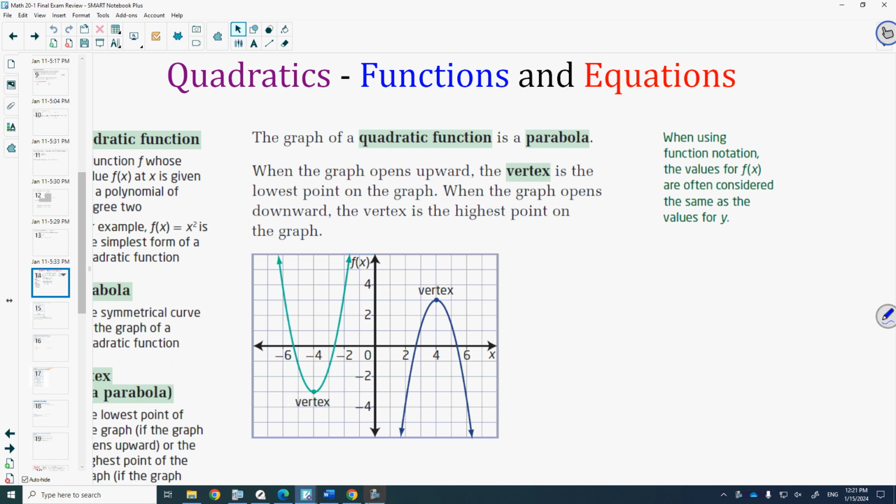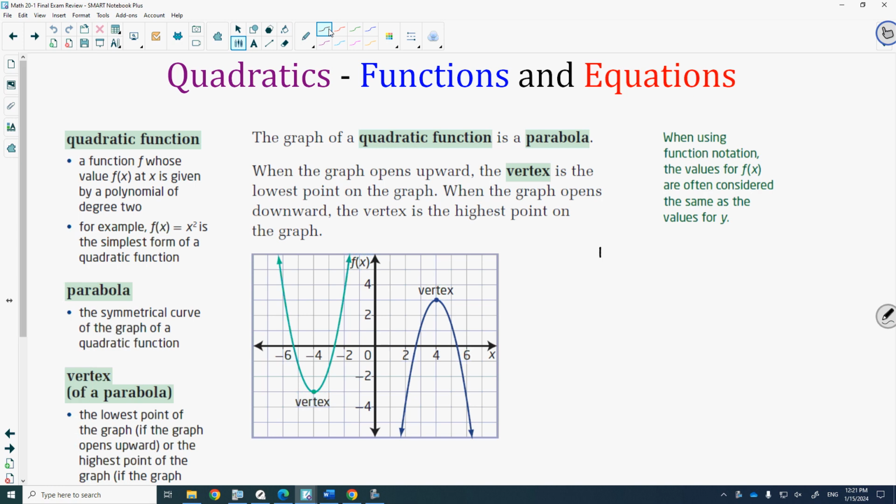Okay, quadratic functions in vertex form. Remember that a quadratic equation in vertex form is in the form of y is equal to a, open bracket, x minus p, close bracket, squared plus q. So this should be in your note packages.